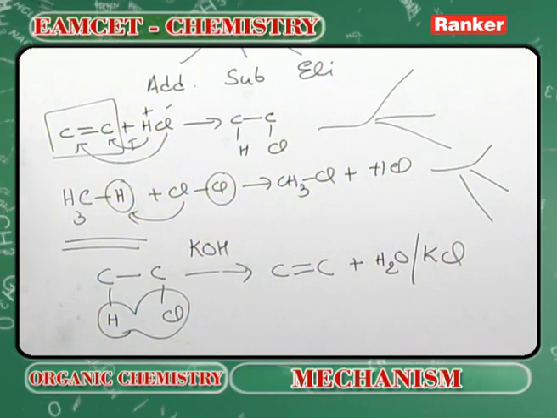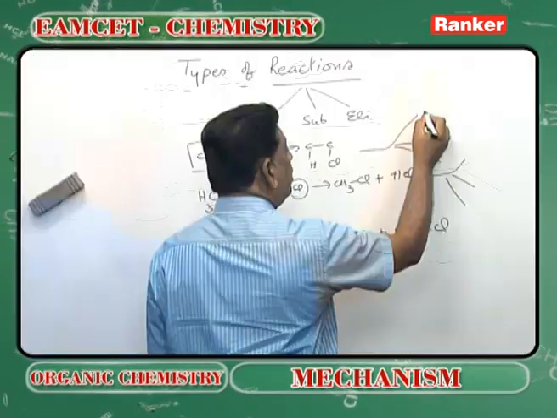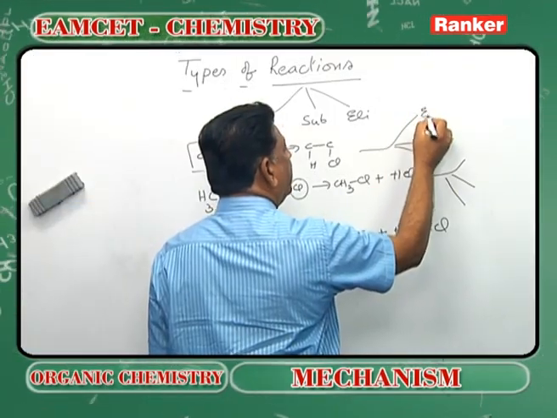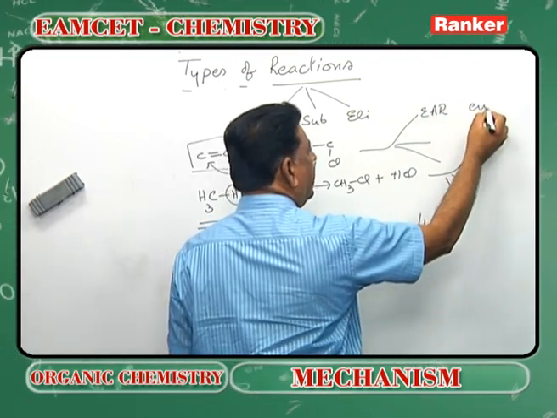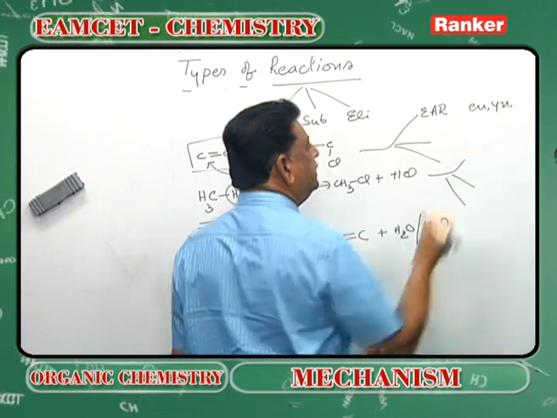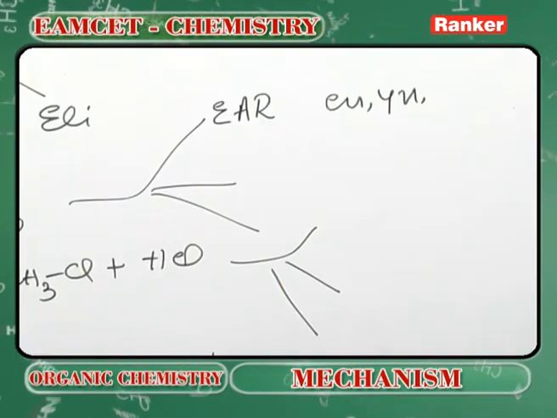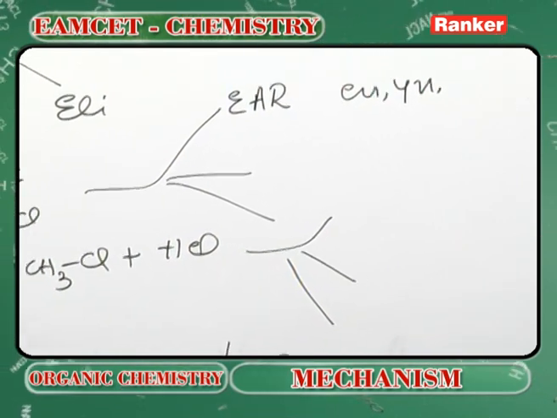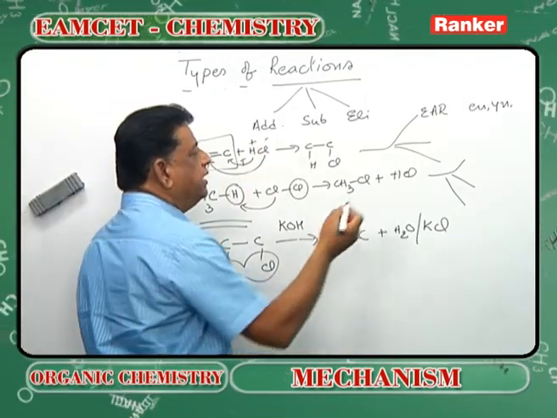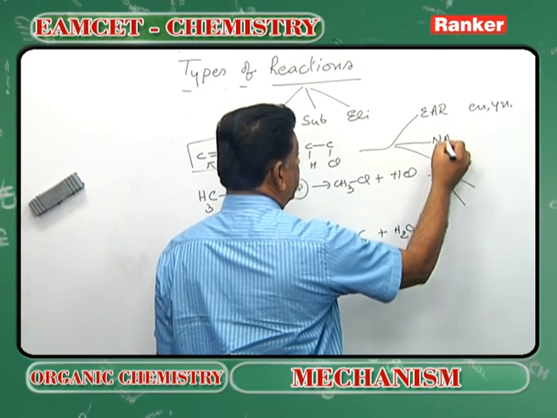Therefore, the alkenes undergo electrophilic addition reaction. Examples are alkenes and alkynes. These two molecules undergo electrophilic addition reactions.